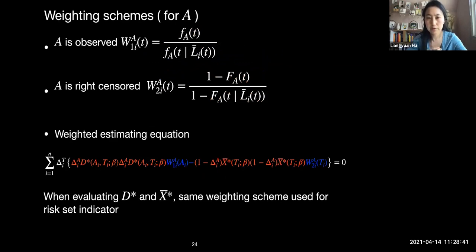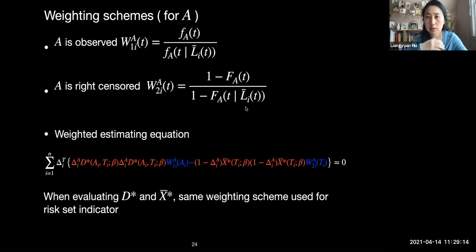After some derivation, we arrive at a pretty neat weighting scheme. Essentially, for those with an observed initiation time, we weight them by the marginal density function of A over the conditional density function of A. For those with A that is right censored, we use a second set of weights: the marginal survival function over the conditional survival function.